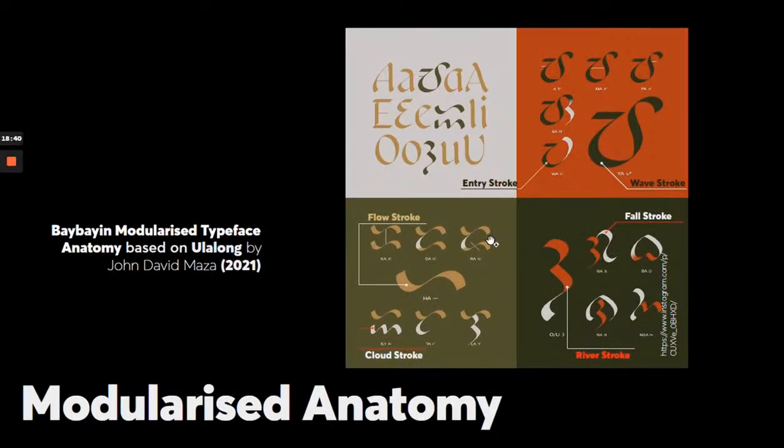So based on what we've explored in these forms, we came to a similar conclusion that Baybayin can be modularized into entry strokes, wave strokes, flow strokes, cloud strokes, river strokes, and fall strokes.